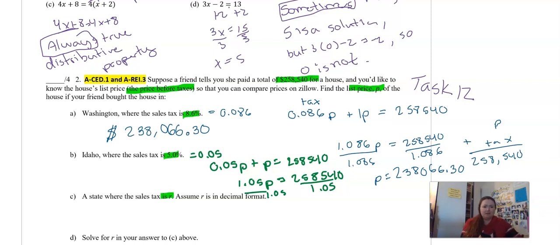So when I did that, I got 246,228.57. So $246,228.57 if we were in Idaho. So the house now would have cost more because less of the total is sales tax.